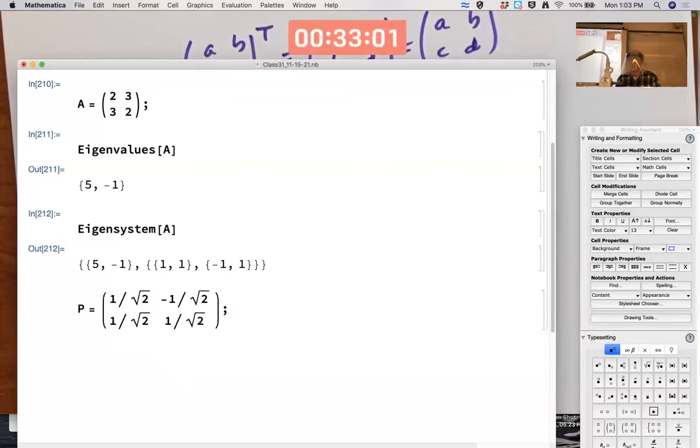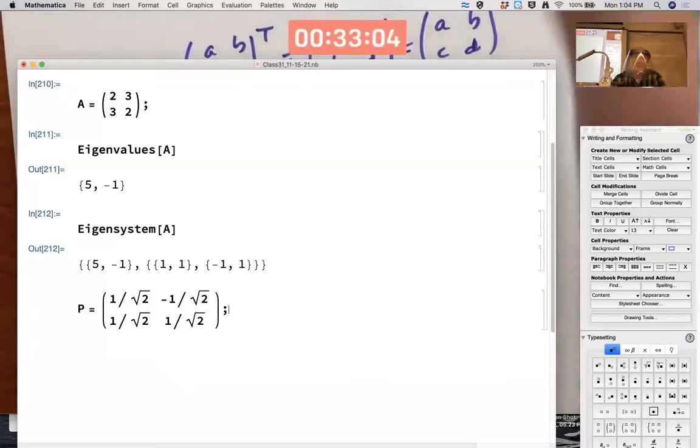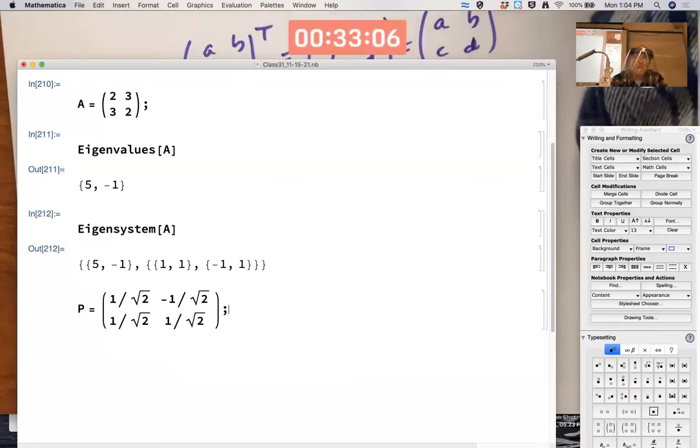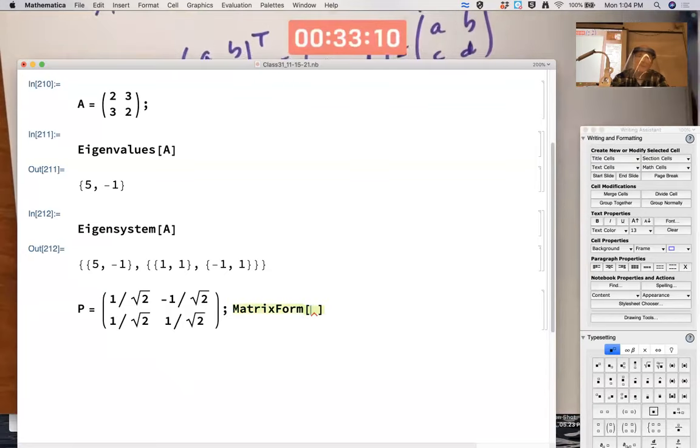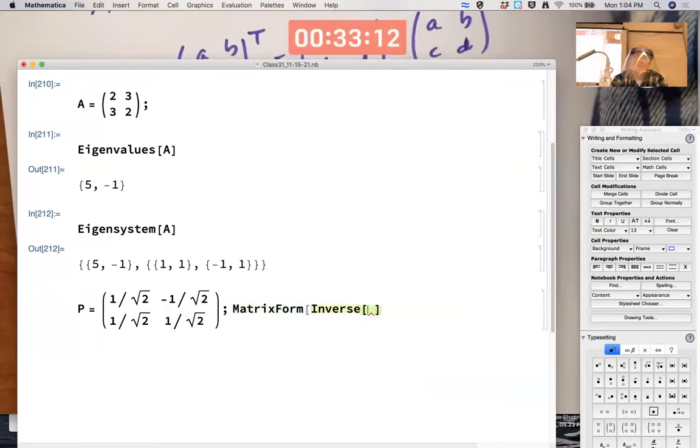This matrix should do it. If I do the inverse of P times A times P, that should be diagonal with what should be in the main diagonal.